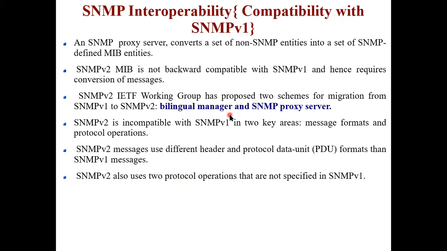How the bilingual manager and proxy server will do this conversion, we will see in the next class. So SNMP interoperability or compatibility of version 1 and version 2, we will see these two schemes in the next class. It is simple, nothing big. We will see how that message is getting converted in the next class.